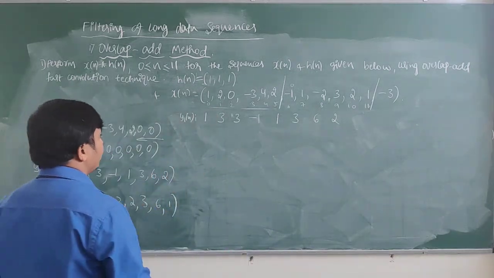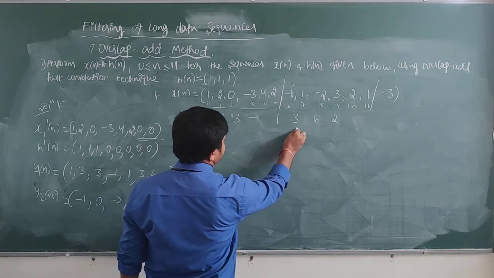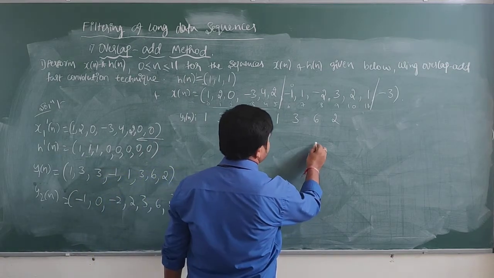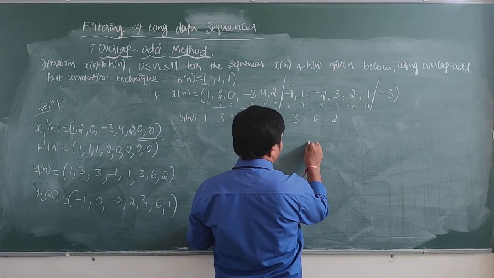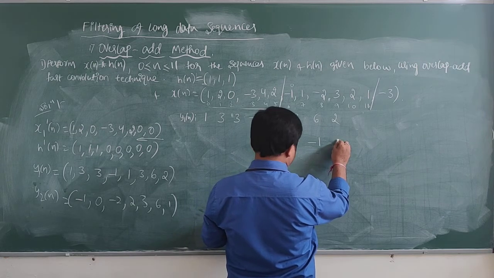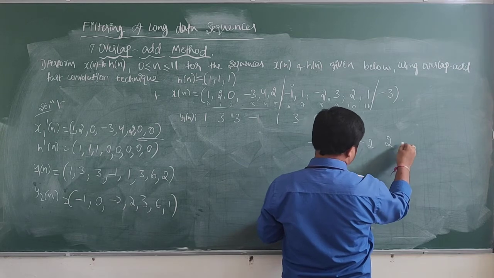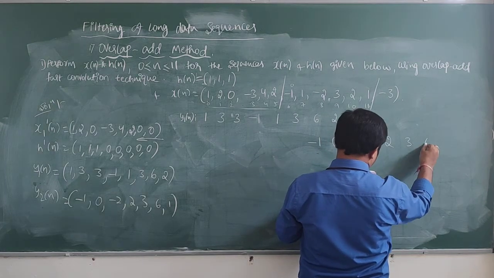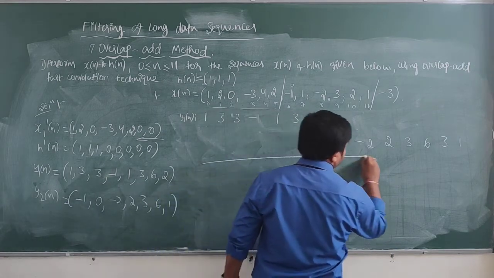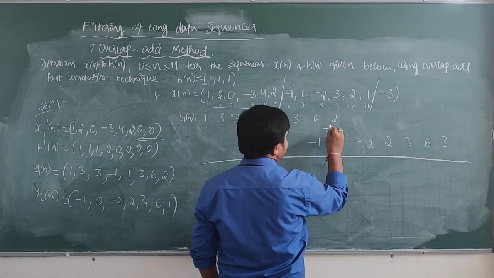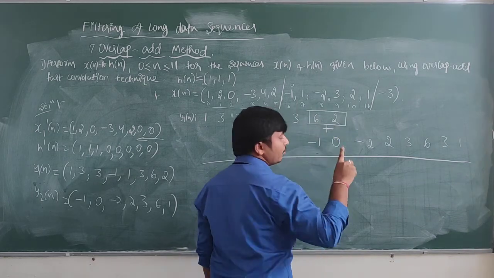So y2 of n minus 6: 1, 2, 3, 4, 5, 6. After 6 units, the first term is minus 1, 0, minus 2, 2, 3, 6, 3, 1. Now add these. The last two digits are actually M minus 1.